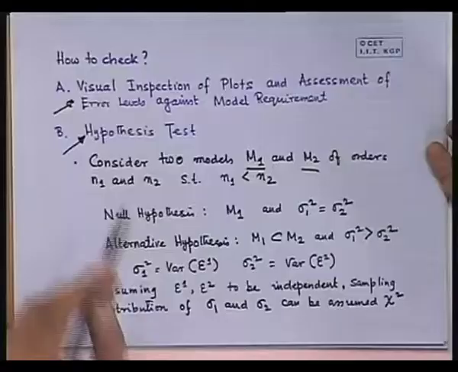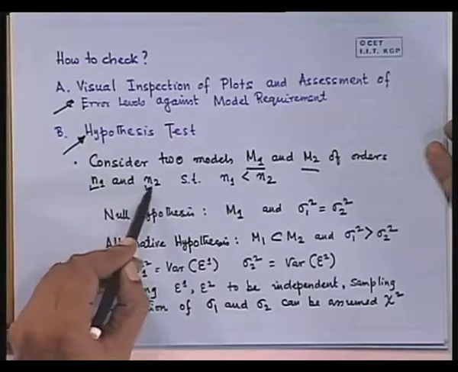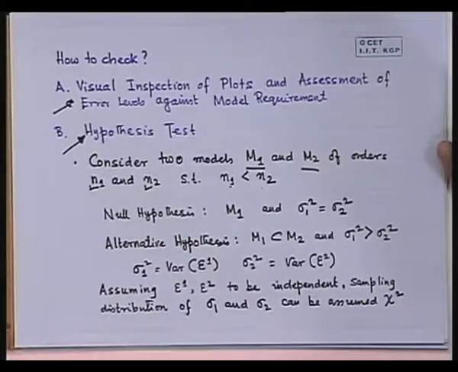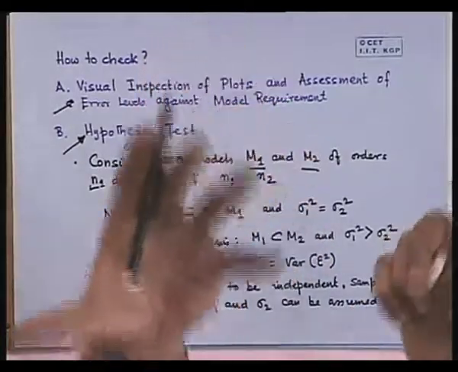So here, what is the hypothesis that we are trying to check? Suppose we have two models. One is M1, another is M2. One is of order N1, another of order N2, and N1 is less than N2. Maybe one is first order, another is second order.